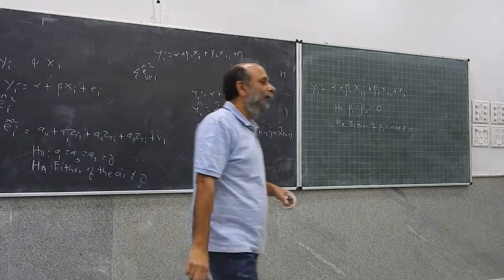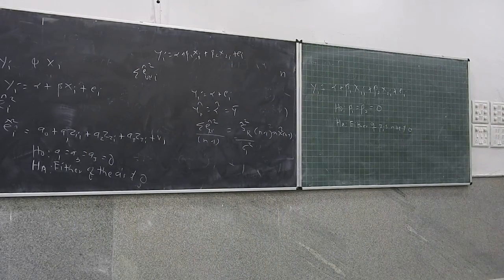They are the sum of the squared errors from the unrestricted regression. First we did a restricted regression because we put the restriction beta is equal to 0. Now we have the unrestricted regression and the sum of squared errors from the unrestricted regression.